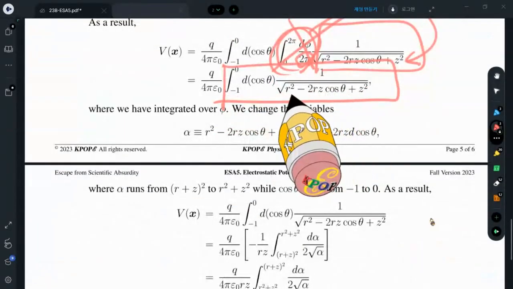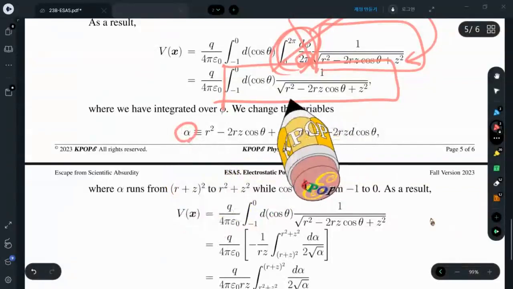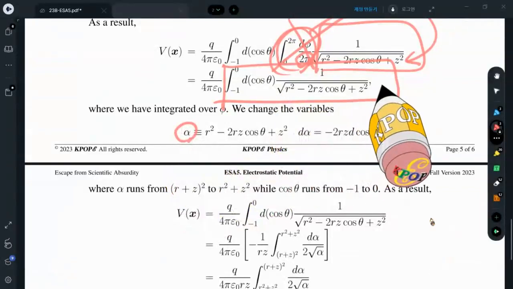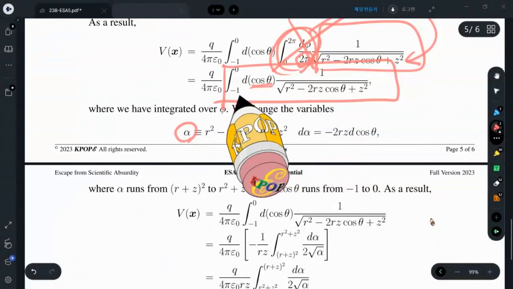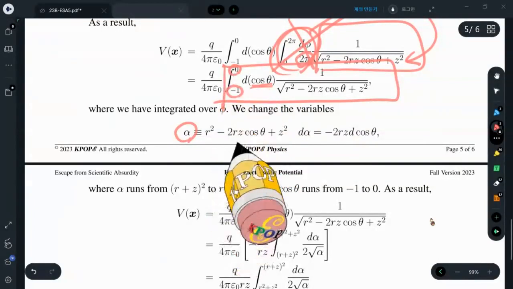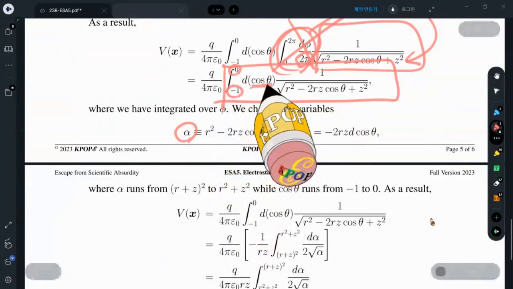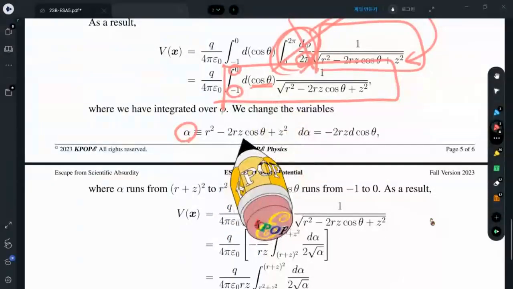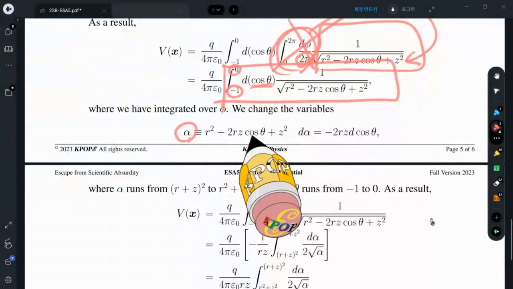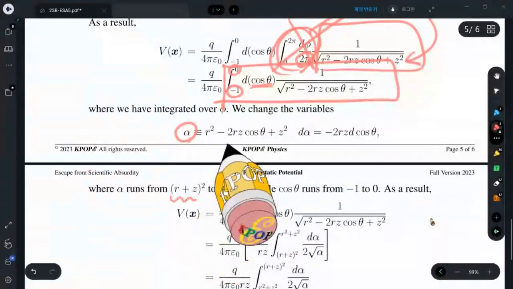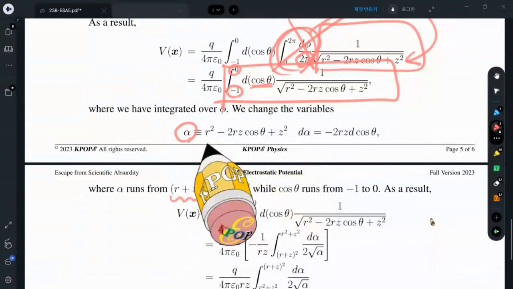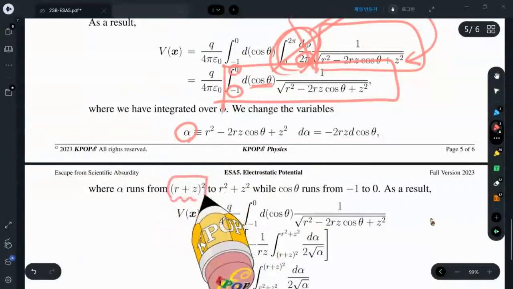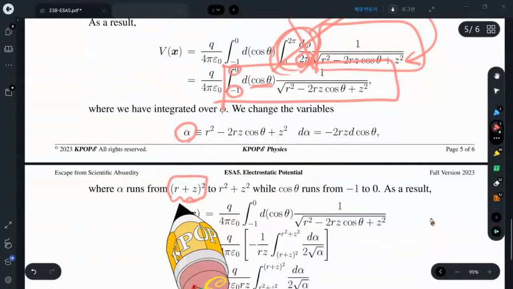Why don't we substitute alpha for the argument of the square root, and we remember cosine theta runs from -1 to 0. What are the endpoints? If I substitute cosine equals -1, what I find is that we can complete the square.